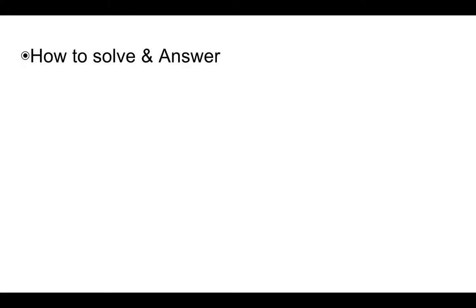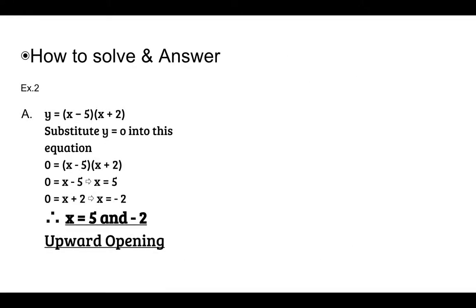So how to solve them? For this equation, substitute y equals 0, so we can get the values of x: 5 and negative 2. Look at this: there was a 1, but the 1 is not written in the equation. So 1 is more than 0, so the graph will be upward opening.